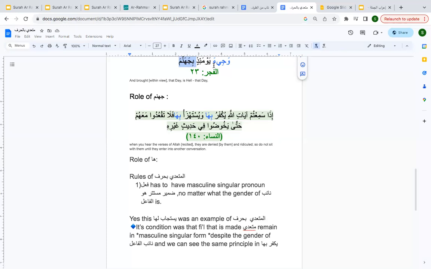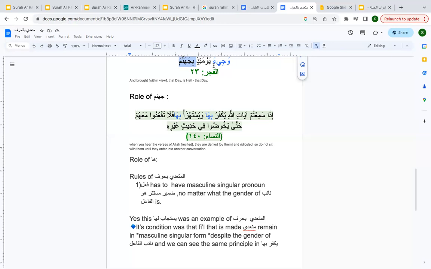It is how you are going to make any fail mutaaddi. For example, when I say zahaba, zahaba means he went. Okay, when I say zahaba bi nurihim, he went with their light. Or I can also translate it as he took away their light. By adding this b, I made the fail mutaaddi.